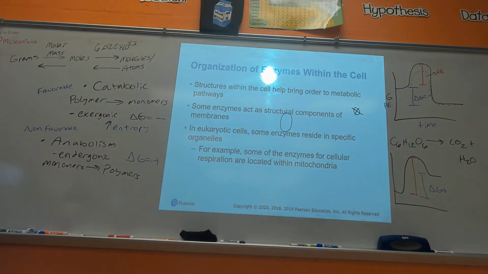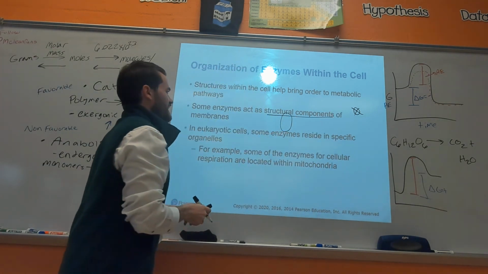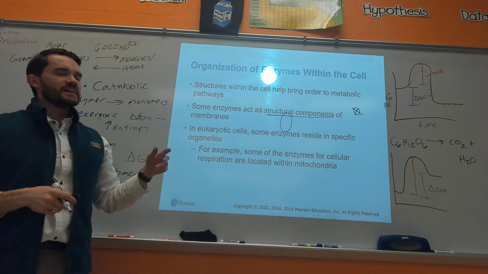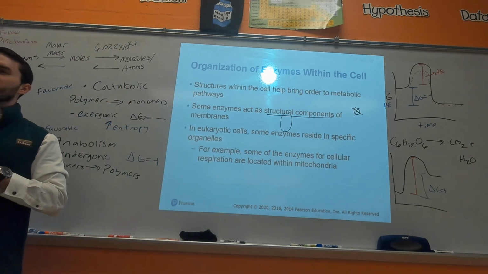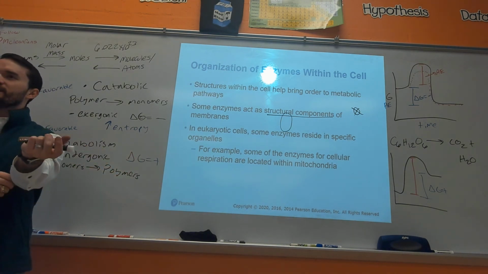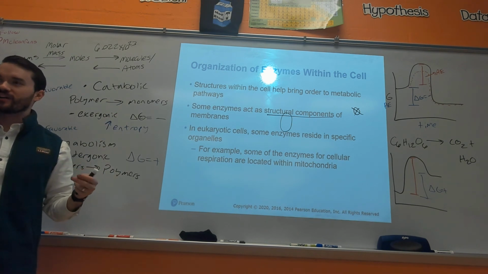Okay, so looking back here, kind of a lesser detail, but enzymes' main job is to speed up chemical reactions, but they are also useful for structural parts. They can literally be like a column that holds up the mitochondria.